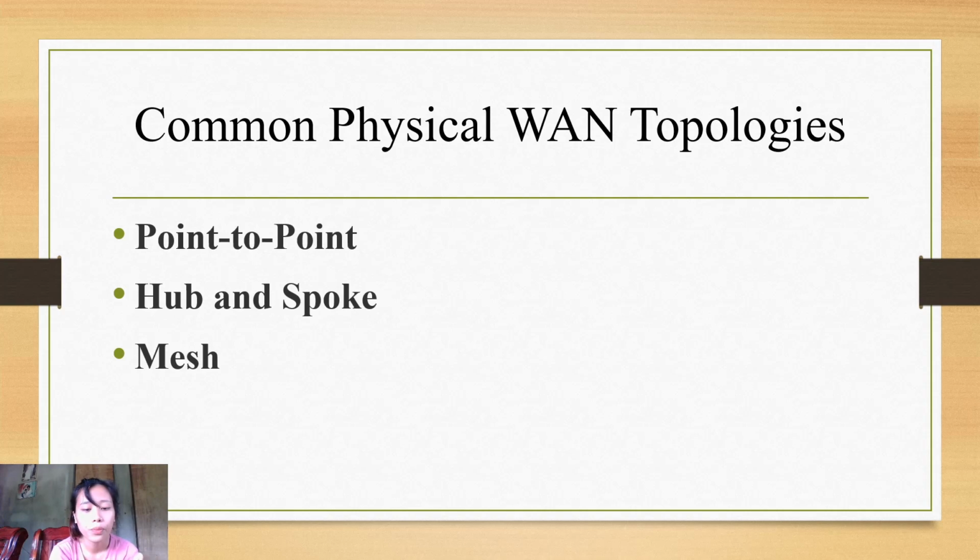Hub and spoke is a version of star topology in which a central site interconnects branch sites using point-to-point links. The mesh topology provides high availability but requires that every end system be interconnected to every other system.